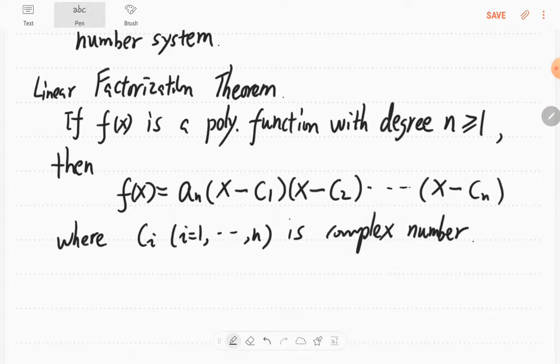Keep in mind, a real number is also a complex number, just with the imaginary part equal to 0.